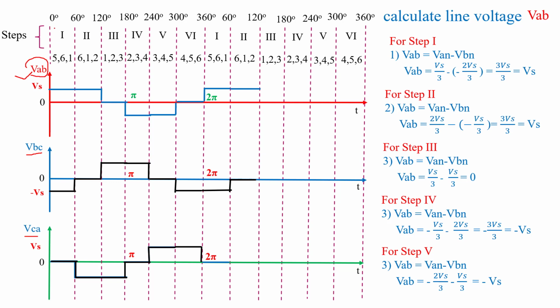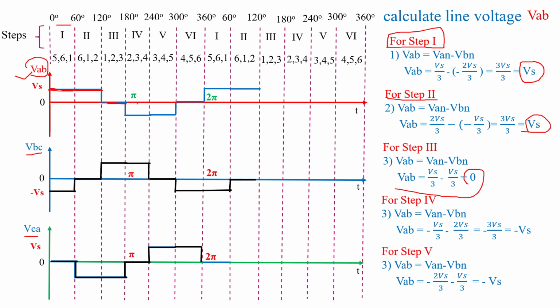For step 1, or 0 to 60 degree, VAB is Vs. See at the calculation side, VAB for step 1 is Vs. For step 2, VAB is again Vs, so draw the waveform again at Vs. For step 3, VAB is 0.